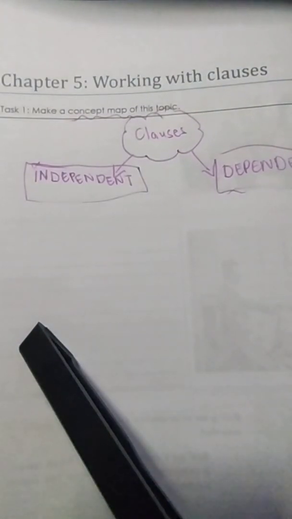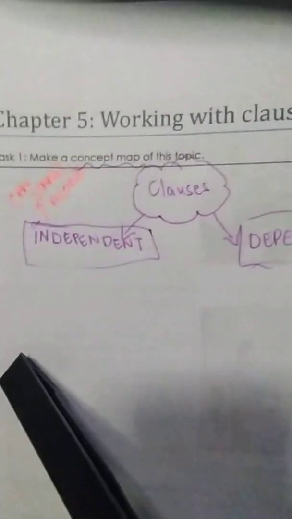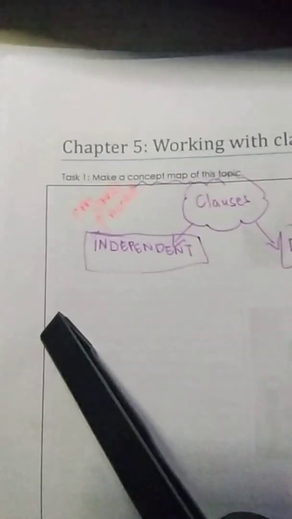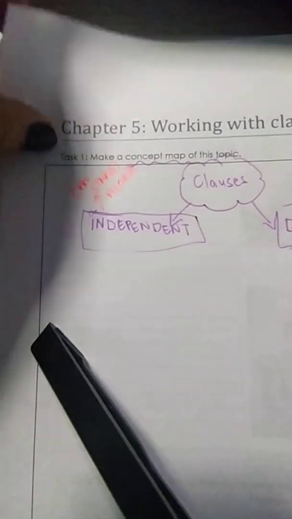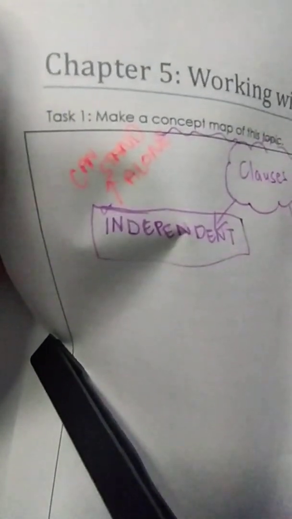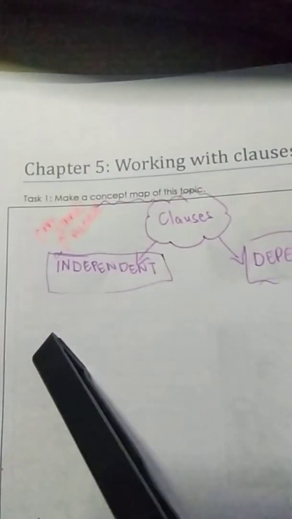Now, if I look at the word independent, the word independent means can stand alone. Okay, so this one can stand alone. It turns out that my camera doesn't really catch that color. Let me lift up the page a little bit. Can stand alone. This is a terrible color to write in.